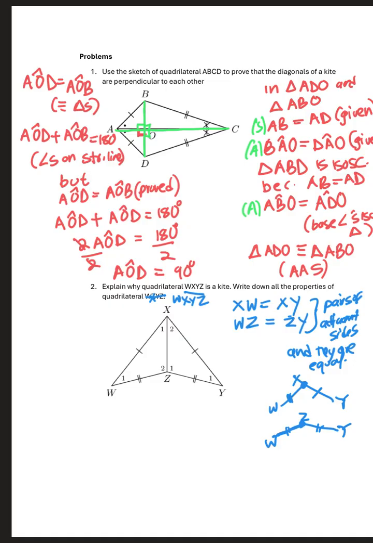And then we are asked, explain why quadrilateral WXYZ is a kite. Now, one of the properties of a kite is that the pairs of adjacent sides are equal, right? So this shape satisfies that property. Now let's see whether there are other properties that are met.